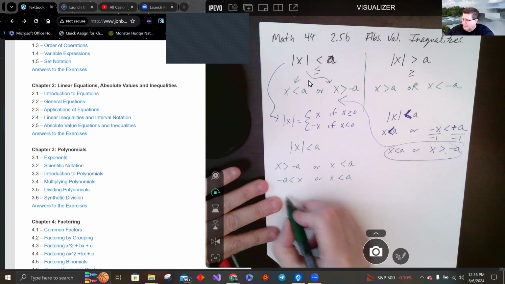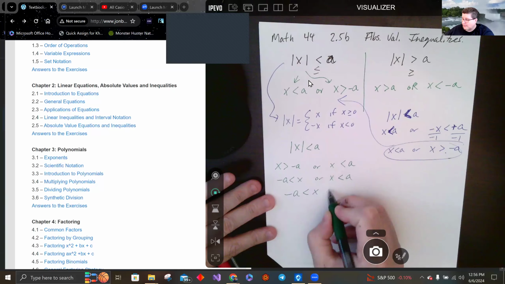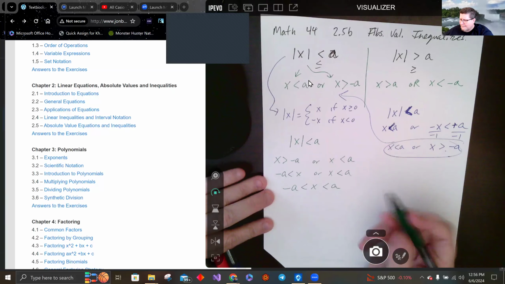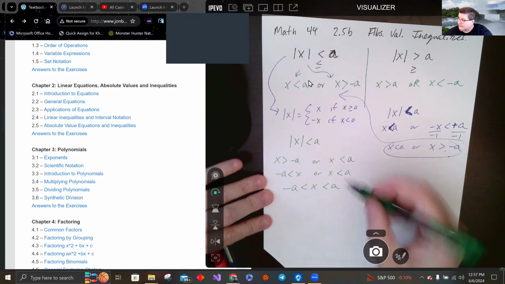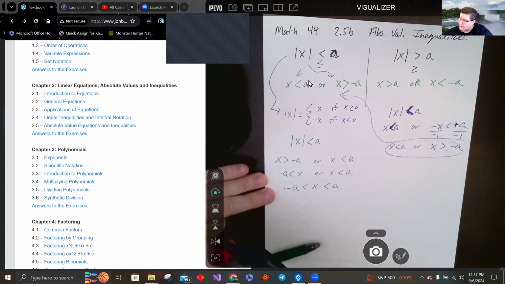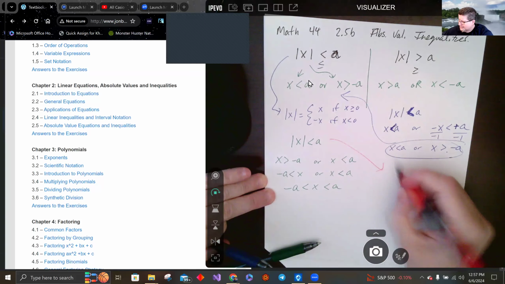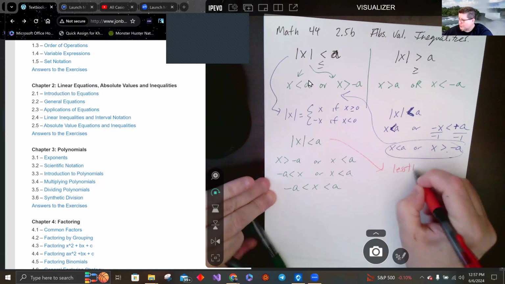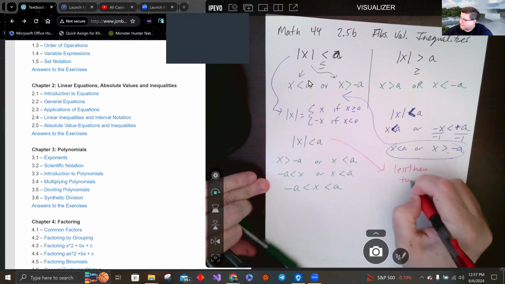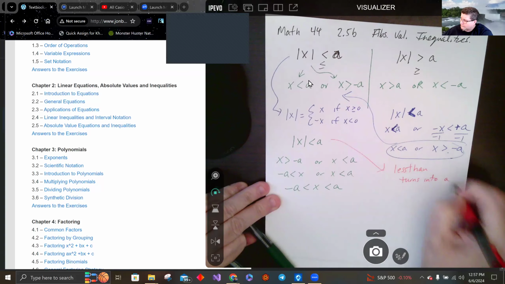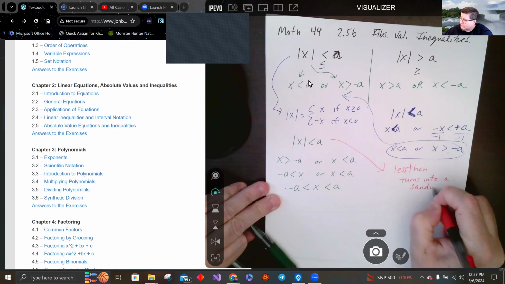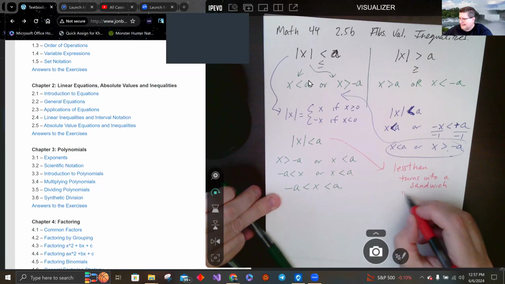And now I can put them together to make the sandwich. So the absolute value, the less than turns into a sandwich. Or as I like to say, a sandwich.